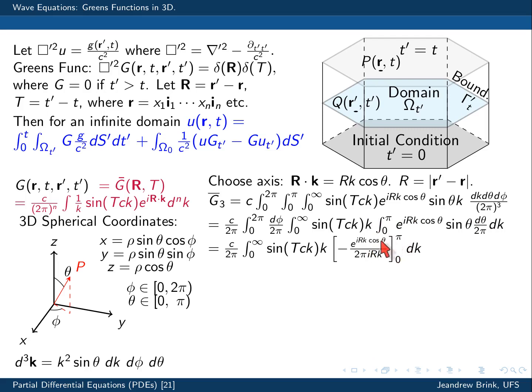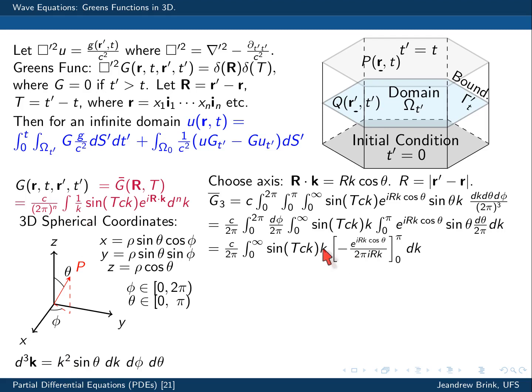If we note that cos of 0 is just 1 and cos of pi is minus 1, we just put it in. And we can also see that the k that came out, by making sure that we have an exact integral, can now cancel with the k that comes from your original definition of your Green's function over there. Remember, the other k cancelled: this k comes from the k squared over here, and the other k cancelled with this 1 over k.